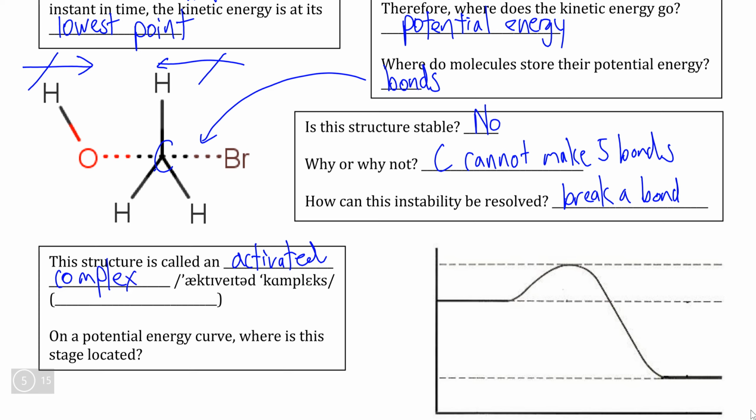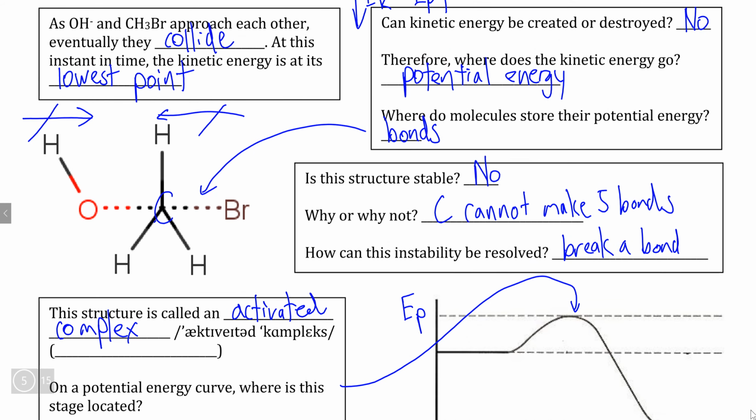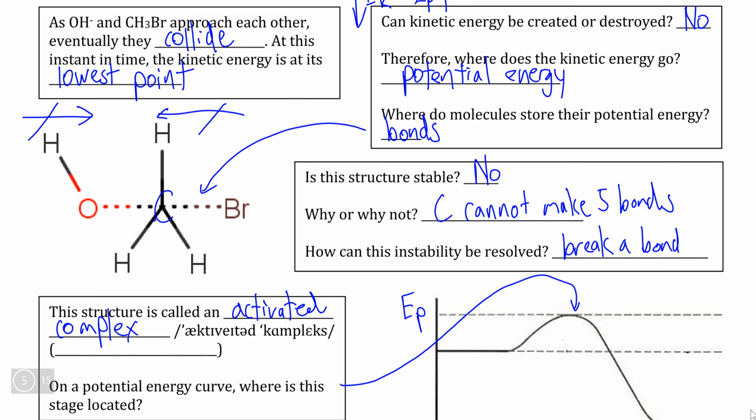Activated complexes form in the middle of a chemical reaction at the point where the potential energy of the reaction reaches its highest point, which corresponds with the kinetic energy being at its lowest point due to the collision.